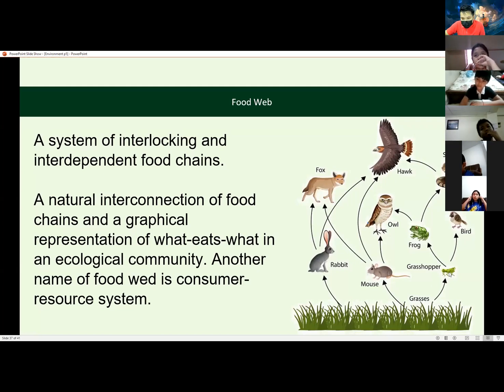Grass, grasshopper, frog, owl. 6. Grass, grasshopper, frog, snake, hawk. 7. Grass, grasshopper, bird, snake, hawk. How many? 8. 8 only. Yes.